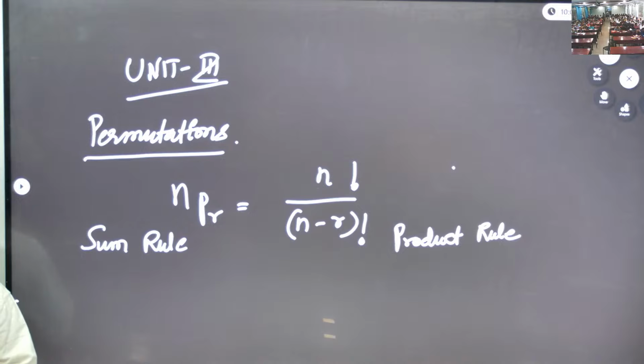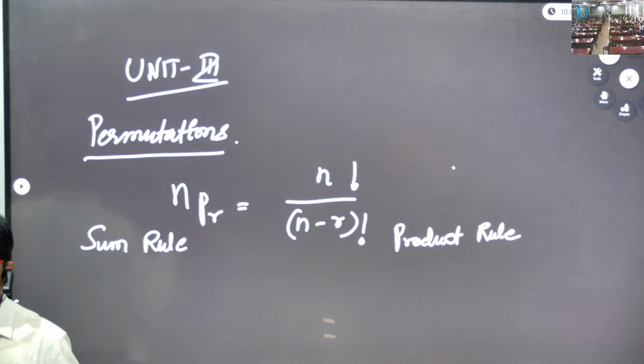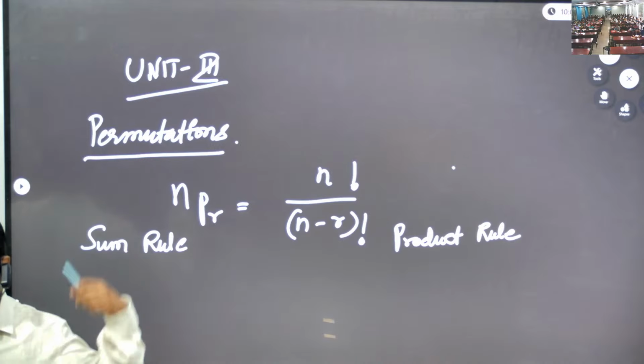We are discussing permutations, where we have one formula, nPr is equal to n factorial by (n minus r) factorial. So when to use the sum rule and when to use the product rule.